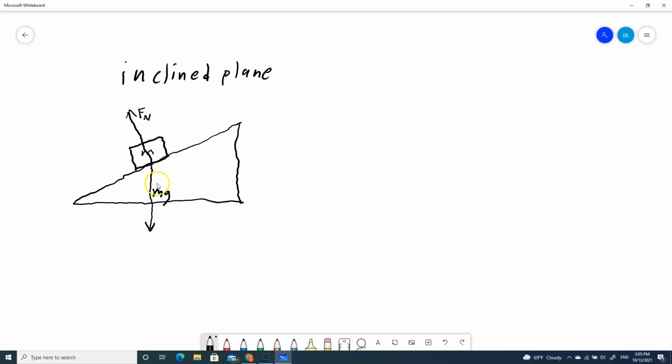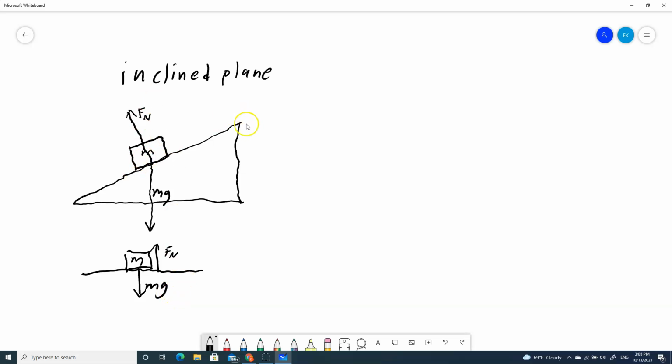And that's why the object will slide down this plane, because the force normal, unlike on a flat plane, so for example, if we were to draw a flat plane, we would have this object right here, m, it would get pulled down by mg, and the force normal would be up on the object. In the case of a flat plane, the force normal can directly oppose mg, and therefore the object remains at rest. It does not fall down. The force normal is equal to the force of gravity.